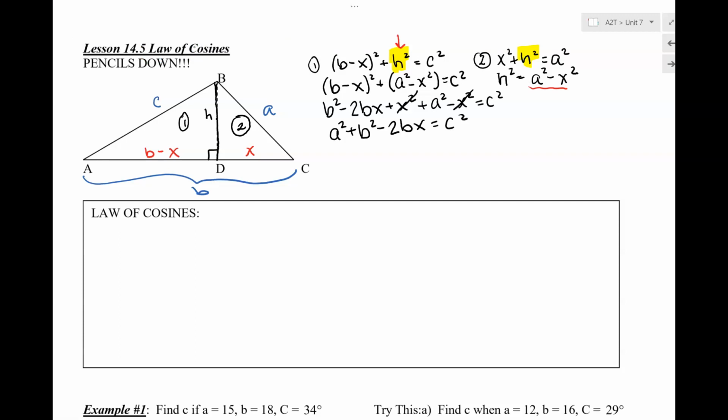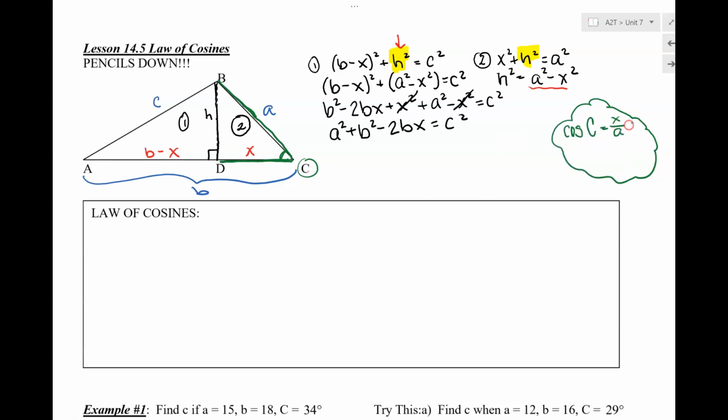Okay. Now x. Well, x is in triangle 2. Okay, we know the hypotenuse is a. X is going to be this little piece, and then we do have an angle C here. So I'm thinking, similar to what we saw when we were deriving the law of sines, that we could say that the cosine, and I'm going to use cosine because I have the adjacent and the hypotenuse, so the cosine of angle C is equal to the adjacent over the hypotenuse.